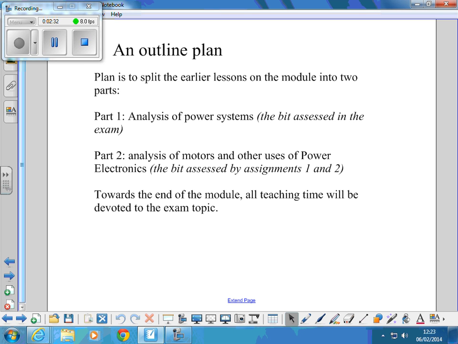So I'm toying around with how I'm going to fit everything in, and my current plan is after this week to maybe split the session between a little bit of power systems analysis and some calcs, together with some work on motors and drives and bits and pieces. And then towards the end of the module, when the 2 assignments are finished, we'll do the analysis of power systems for the whole session.